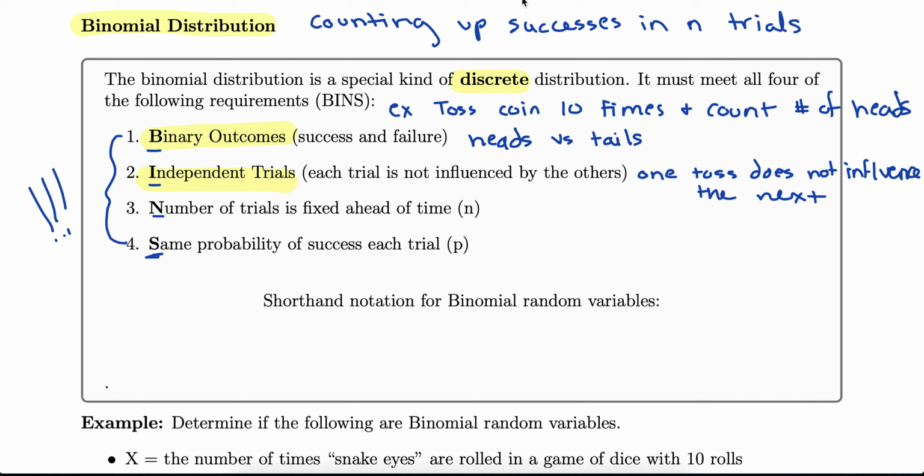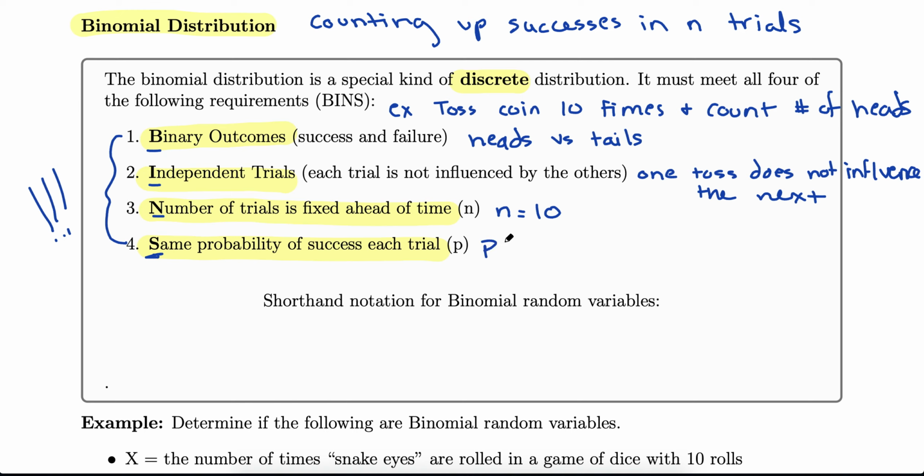So random sample, each one is equally likely to be selected, so each trial is not going to influence the next. Then we need to have n, a fixed number of trials before we begin the experiment. In our example here, our fixed number of trials would be 10. I have n in parentheses here because to state that the criteria is satisfied, just say what n equals. Then we need to have the same probability of success for each trial.